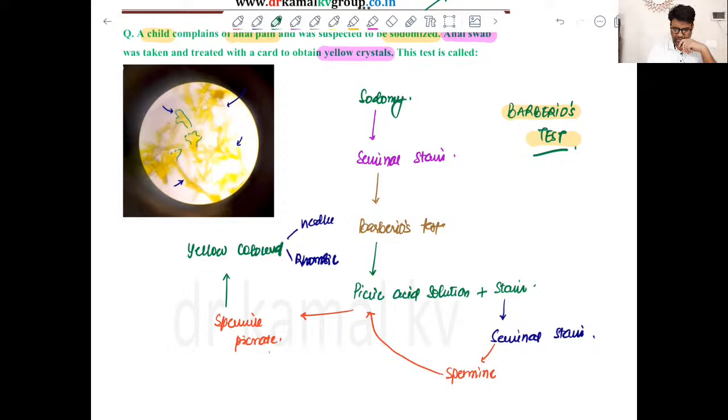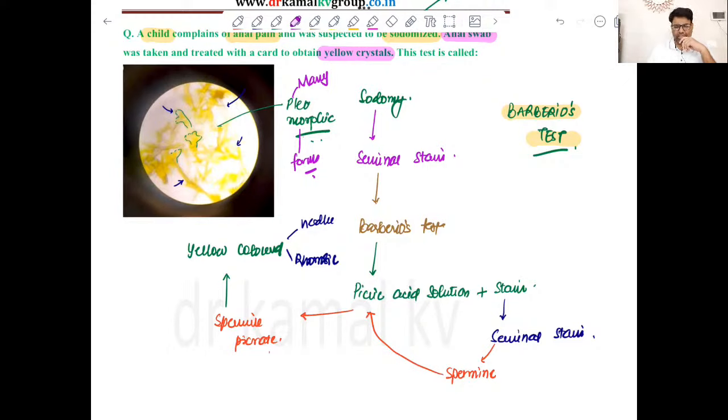So this is known as pleomorphic. Pleo means many, morphic means forms. So either it can be needle shaped or rhombic shaped, but the appearance will be yellow.